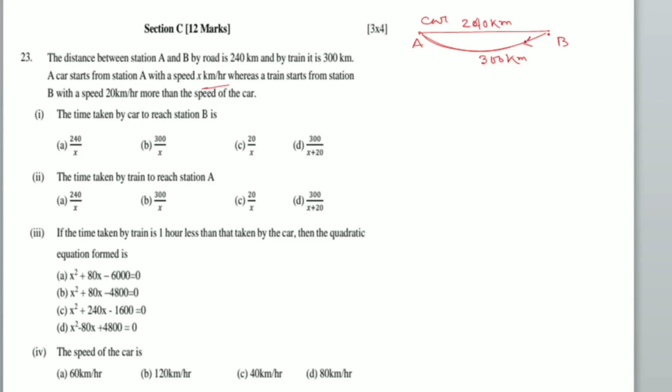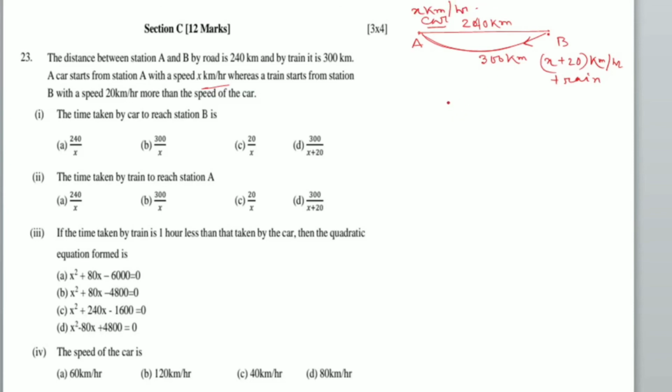So the speed of the train is x plus 20 km per hour, train speed, and this is car speed x km per hour.